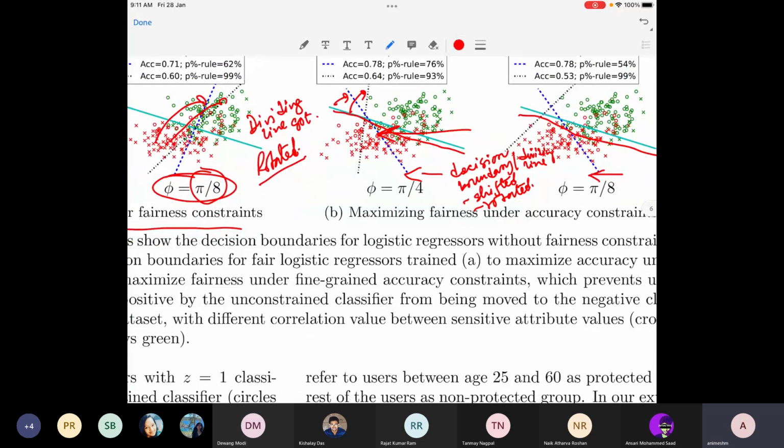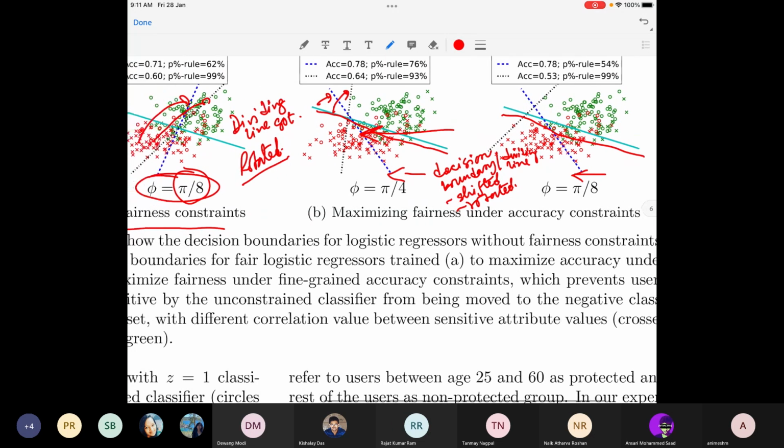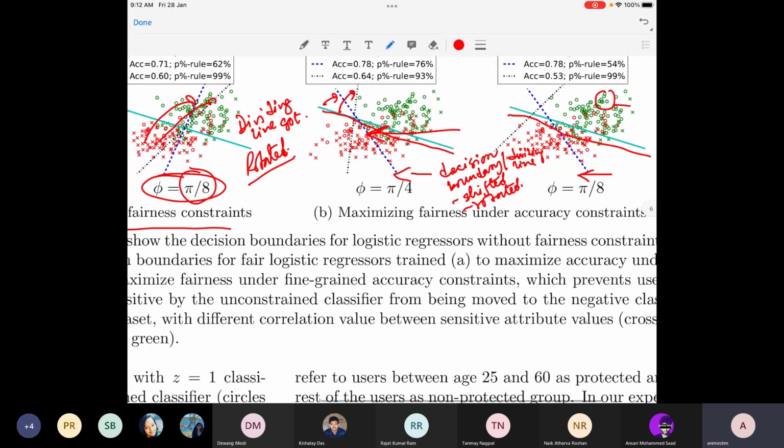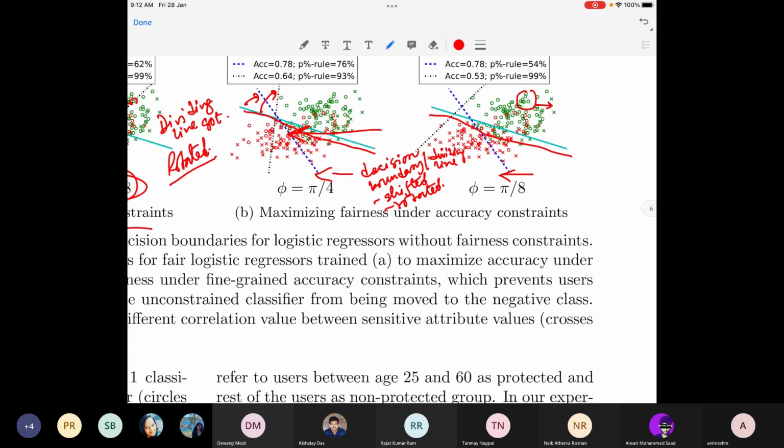Now, why is this shifting? These green circles here are the z equals 0 positive. So why is this shifting? This is a hint.